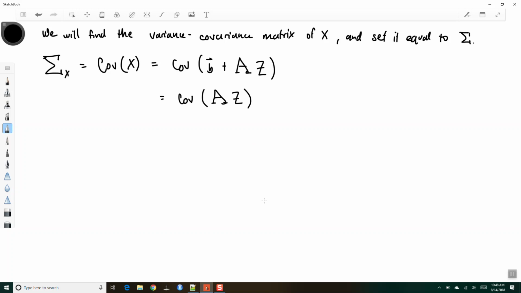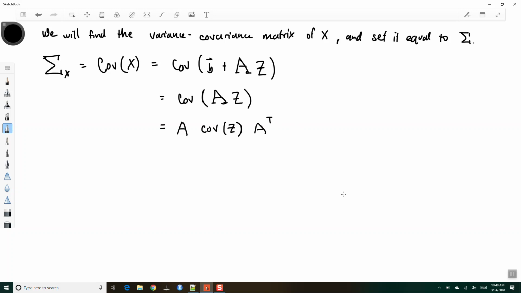But it's a little bit more complicated with matrix form, and so we pull out the A in the front, and we have the covariance of Z, and we would have the A transpose out here.